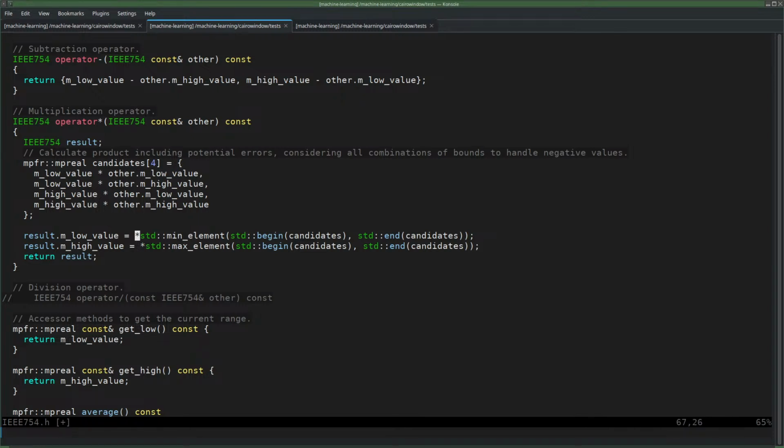Why is a star here? Standard min element. I didn't even know that existed.